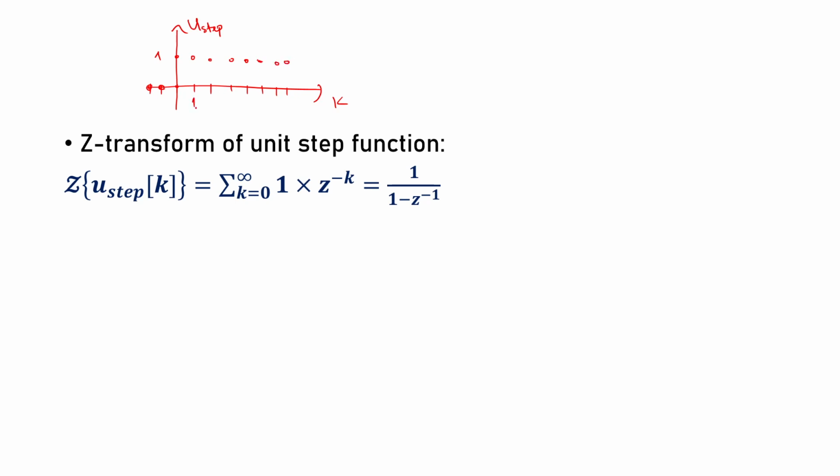So k equal to 1, 2, 3, until a certain value of k. This is the unit step. Then you apply the Z transform to the unit step function by summation of k from 0 to infinity, and u is always 1 because k is from 0, and z to the minus k. And how do we get this value? 1 over 1 minus z to the minus 1.